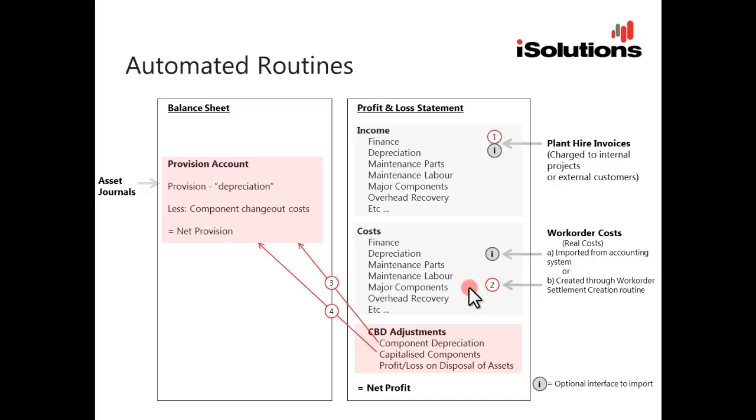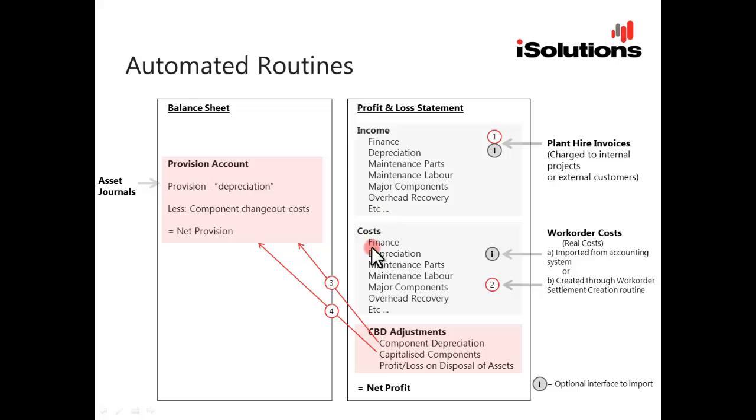So the objective of 1 and 2 coming out of that is you should have 100% of your plant revenue aligned with 100% of your plant costs. So this is, again, what I call your real costs, your cash costs, your actual costs. So if you didn't do any provisioning or any component capitalization, that would be your P&L.